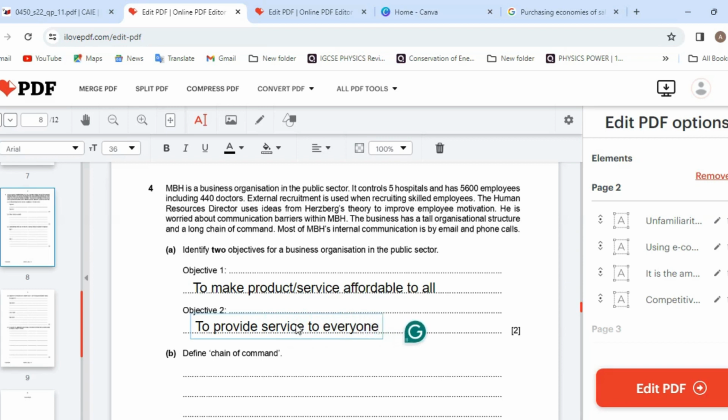They can also create jobs in certain areas. That is also an objective of a public sector business. Okay, now let's move to the next question.